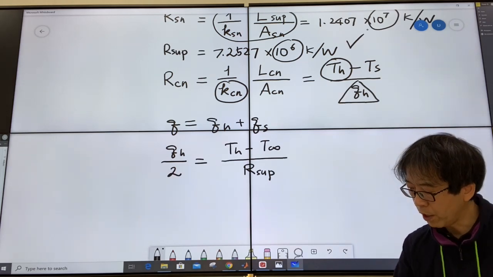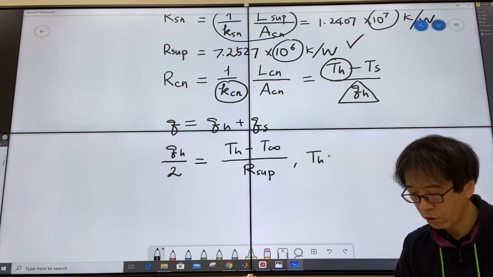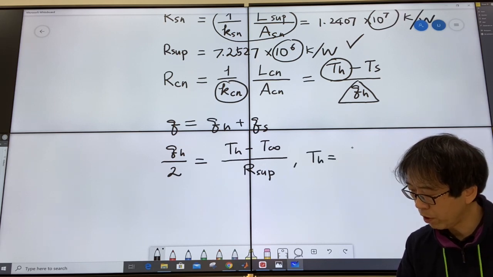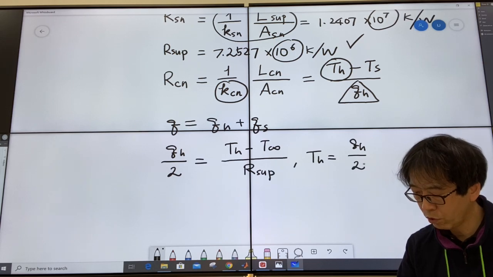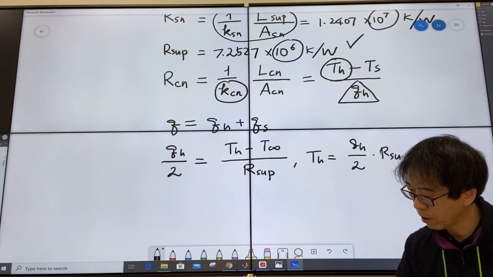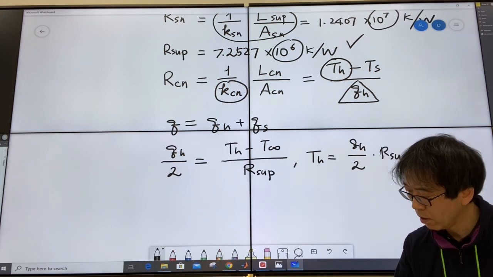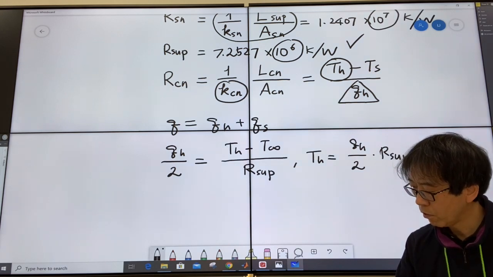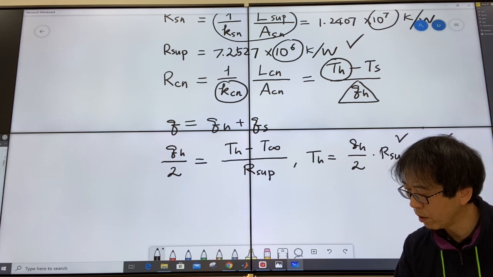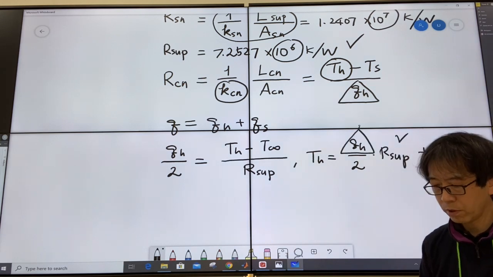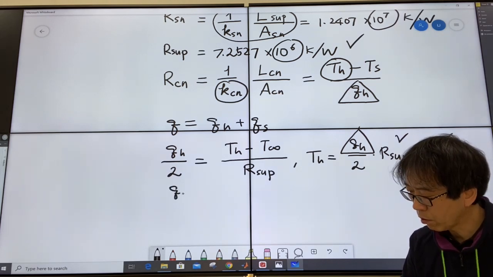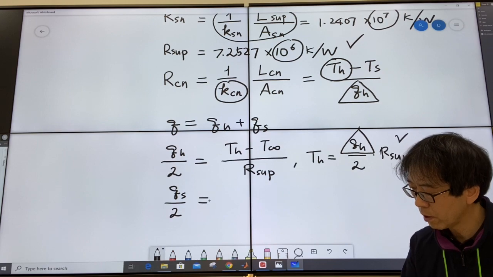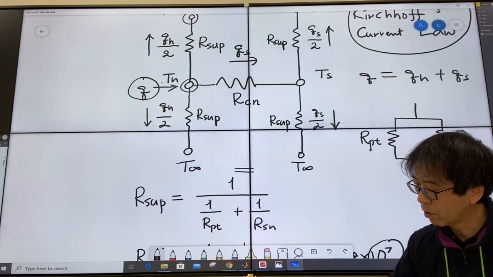And so here, you can calculate TH. TH is nothing but QH over 2 times R supporting, using this equation, plus T infinity. We know T infinity, we know R sub. Oh, we have to find this out. Where can you find this out? Let's take a look at the right hand side of the circuit, this part.